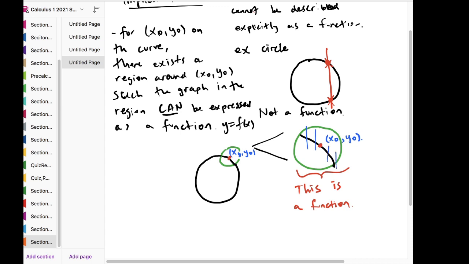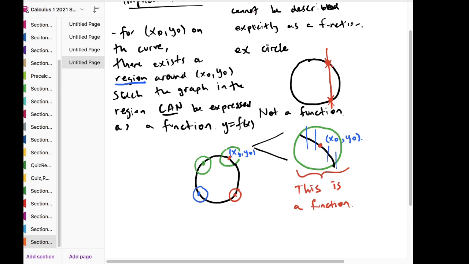Why wouldn't it be just a point? It's in particular a region, so there has to be a little area to this. I'm purposely being not technical because there's a lot more to this, but the idea is that I'm kind of patchworking the circle. So for every point, I can do this. I'm taking these patches and making the circle. That's kind of the idea.